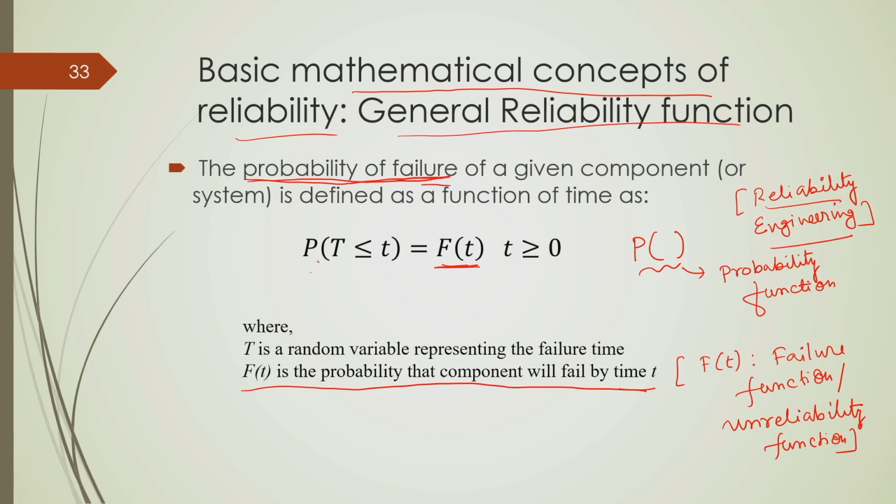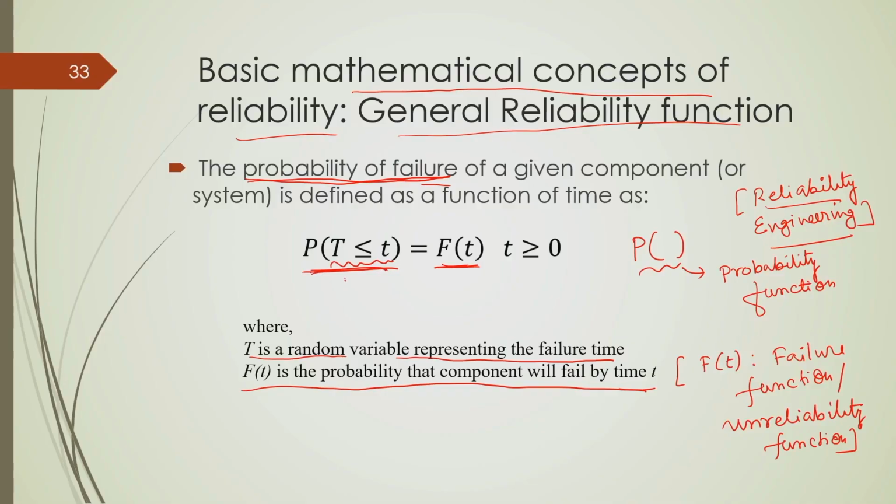Now, what is that P(T ≤ t)? What does it signify? Here capital T is the random variable that represents the failure time.